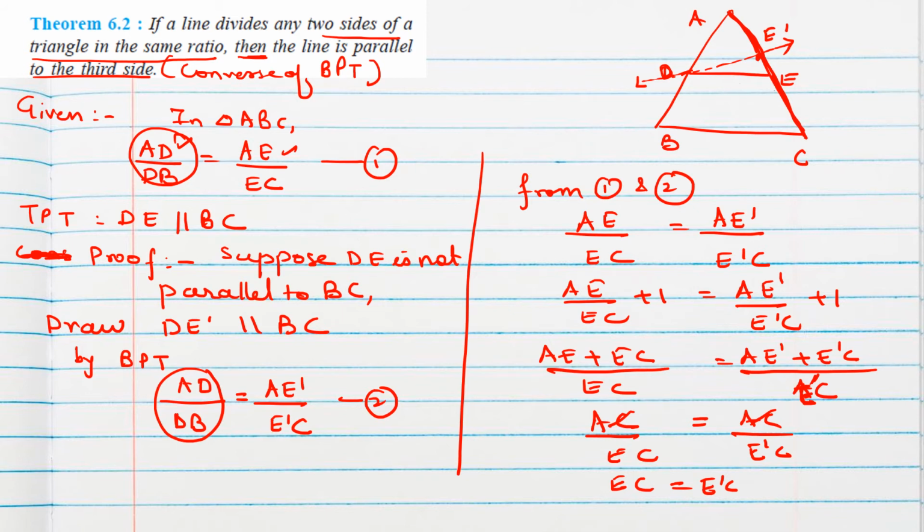So this cannot be true, right? Only if these two points are the same can we say that these lengths will be equal. That means E and E dash are not two different points. That implies E and E dash are not two distinct points.